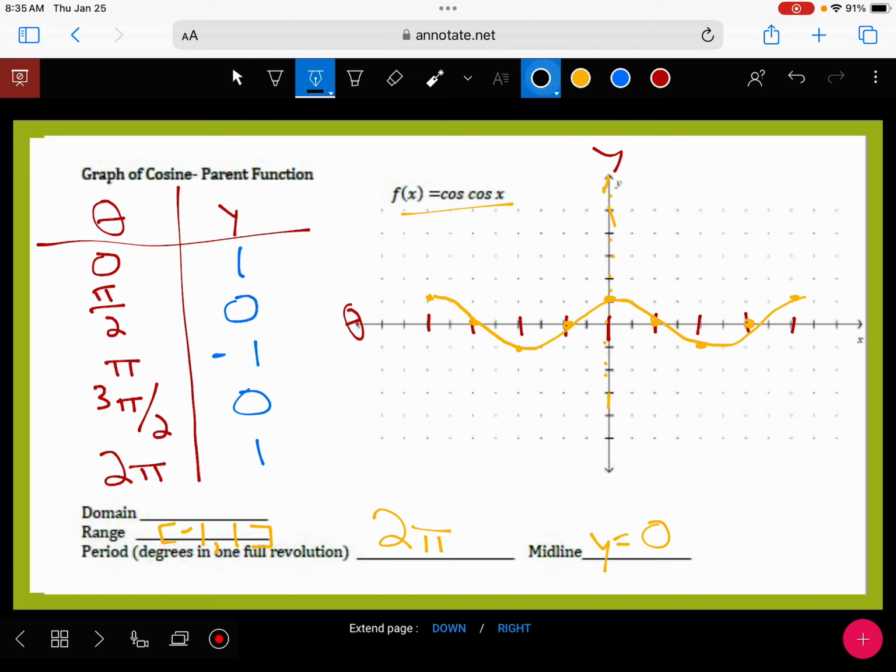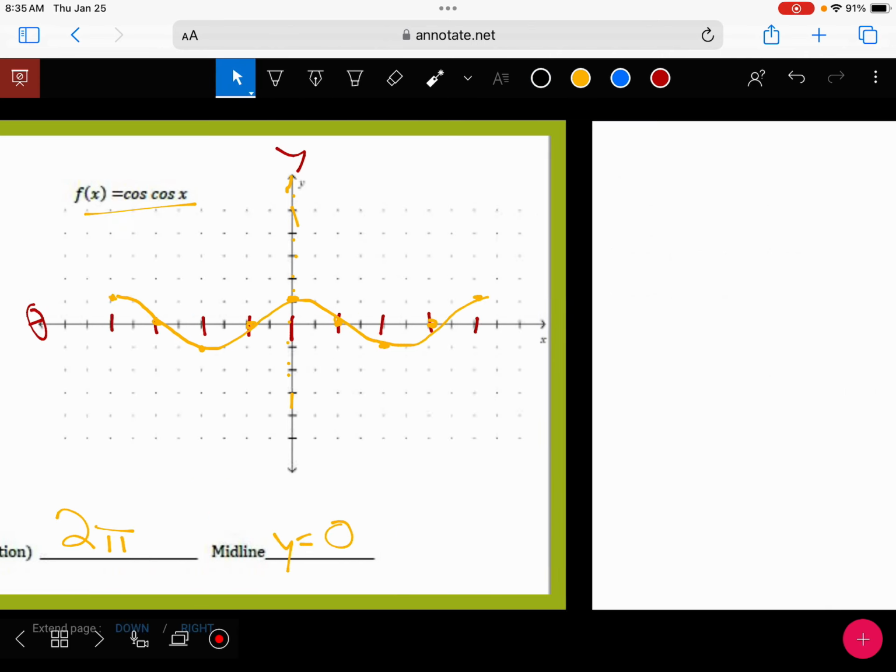And then the domain, same for all the trig functions, or at least all of these ones. The domain goes from -infinity to +infinity. Any questions with the parent graph of cosine?